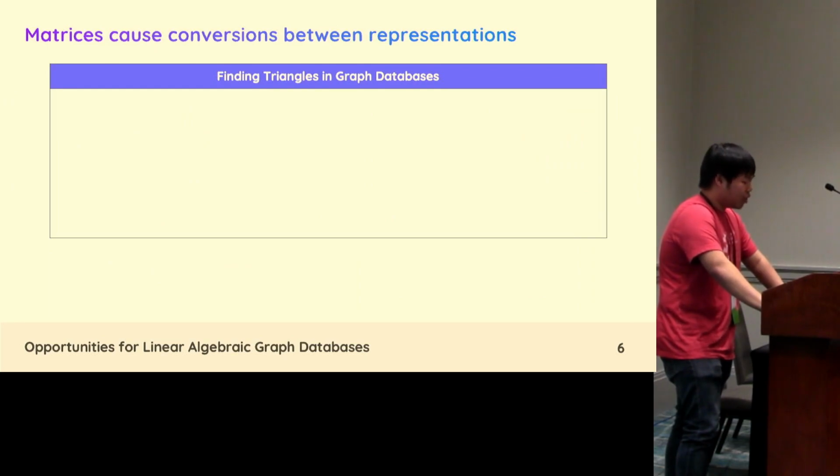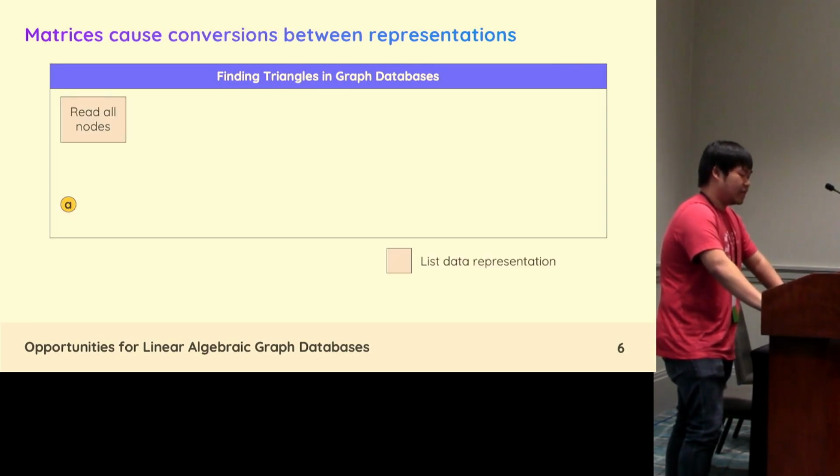To illustrate the problem, let's look at the algorithm for finding triangles in graph databases, in which the idea is to iteratively construct triangles starting from a single node in the graph. The first step is to list all the nodes by reading all the nodes from a list in the graph database. Then each node will expand itself by traversing into its neighborhood and adding the neighbors as the next node.